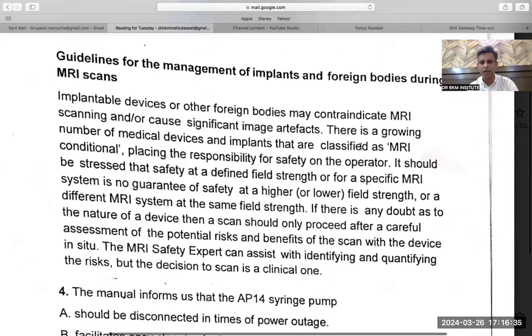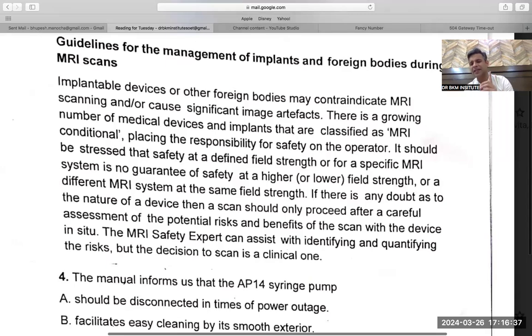It should be stressed that safety at a defined field strength or for a specific MRI is no guarantee of safety at a higher field strength or a different MRI system. I don't understand this heavy line, so I will not read it too much.